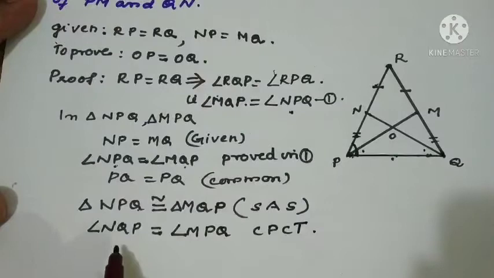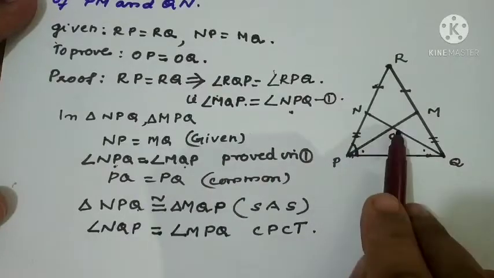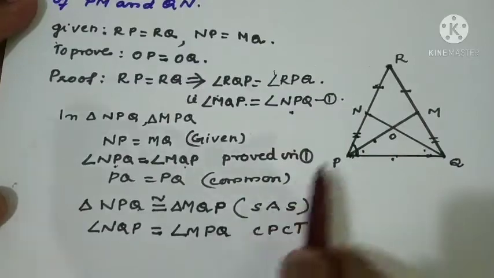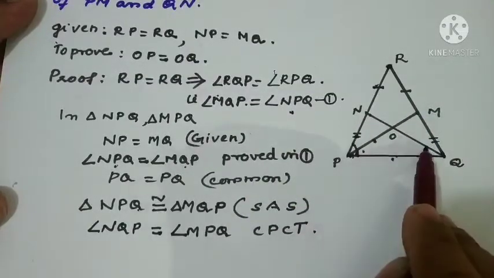Right? Angle NQP means OQP, which has the opposite side OP, and similarly angle MPQ can be written as OPQ, which has the opposite side OQ.